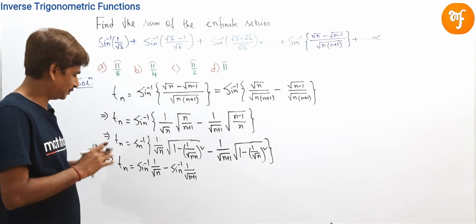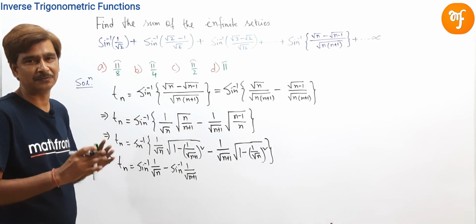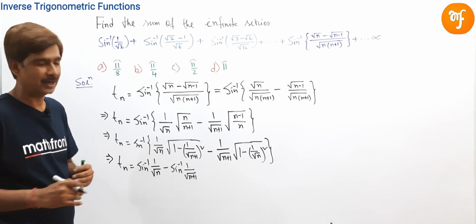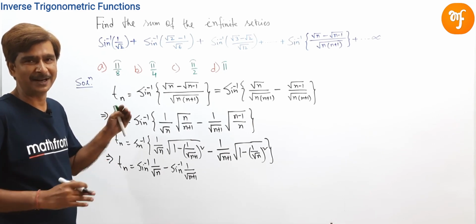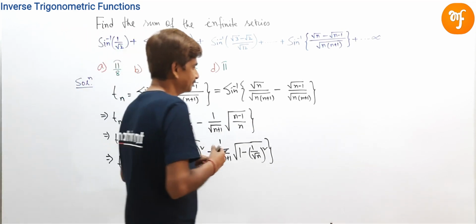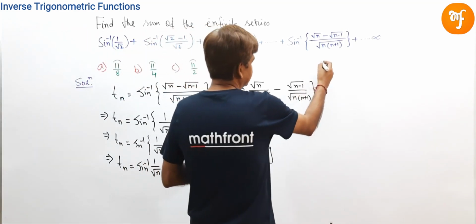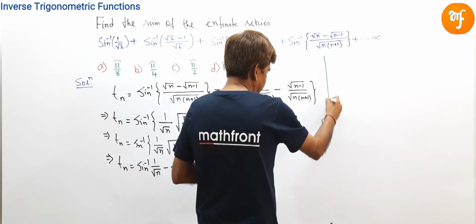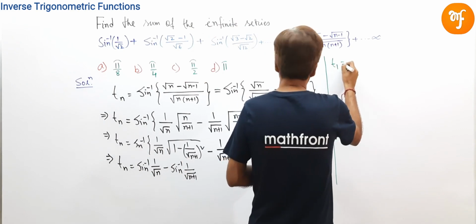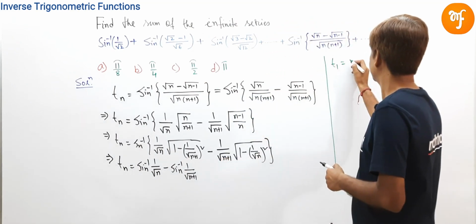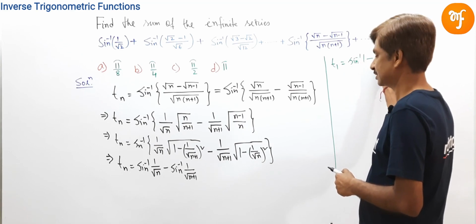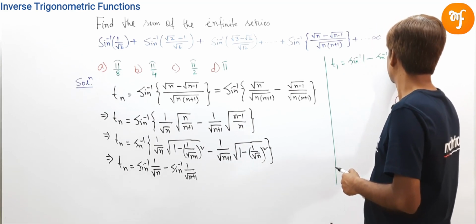Now, we will put n equal to 1, 2, 3, 4 consecutively and we will get T1, T2, T3, T4 and finally we will write Tn and we will add, then we will get Sn. So, look, T1 is sine inverse of 1 minus sine inverse of 1 by root 2.